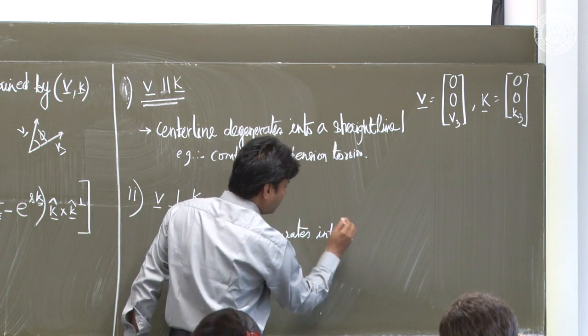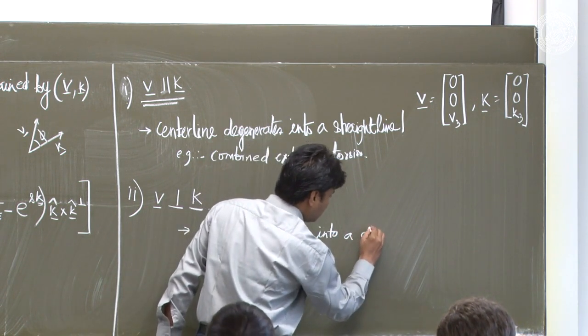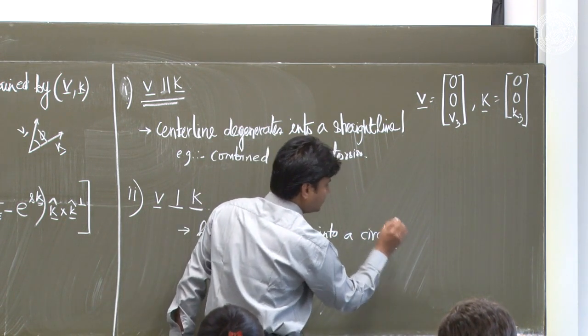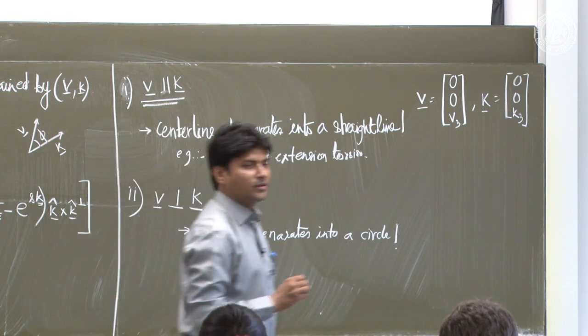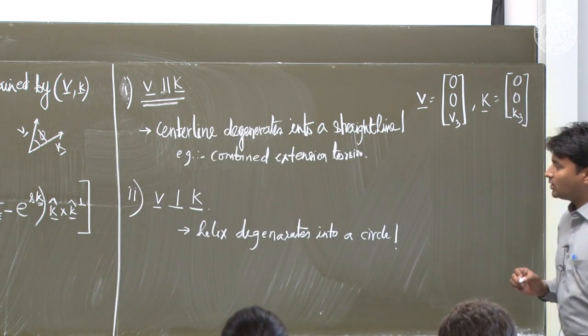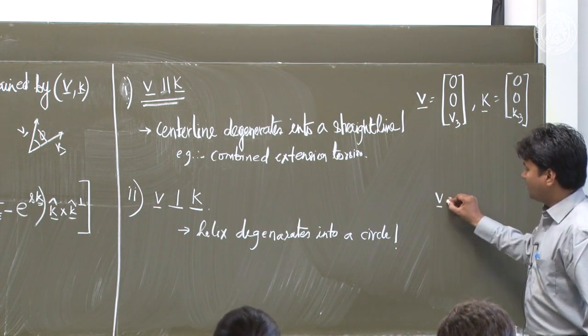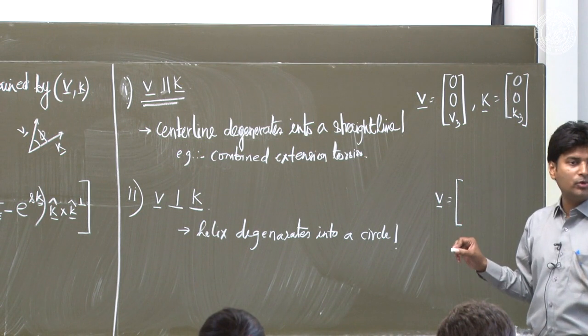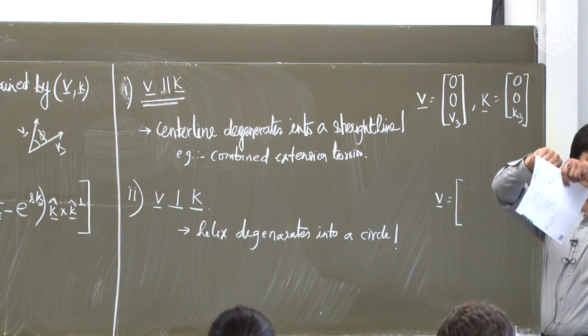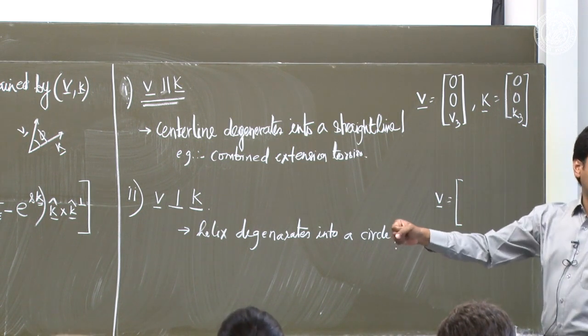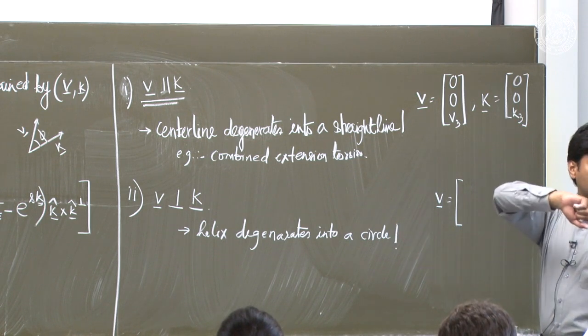And can you think of a deformation where this can happen? When are V and K perpendicular? What about pure bending, right? In case of pure bending, the center line is a circle, right? It's an arc of a circle.